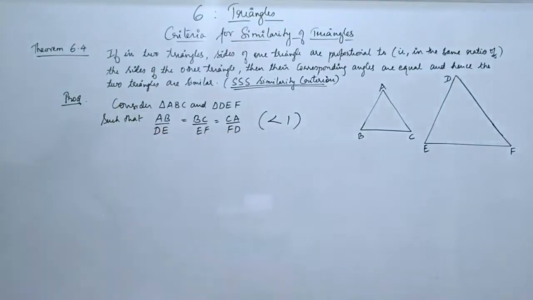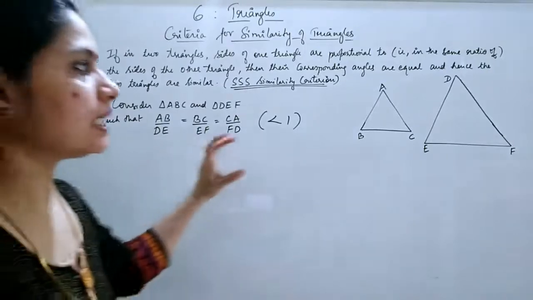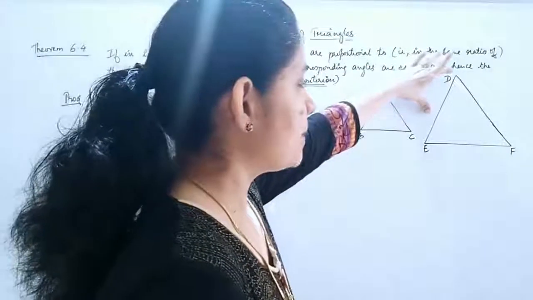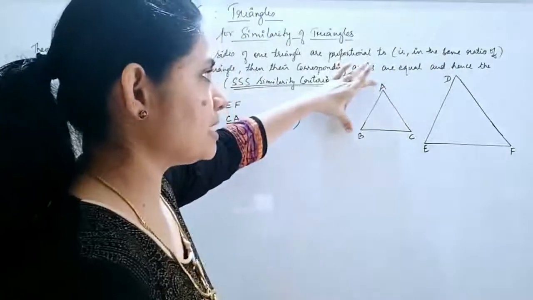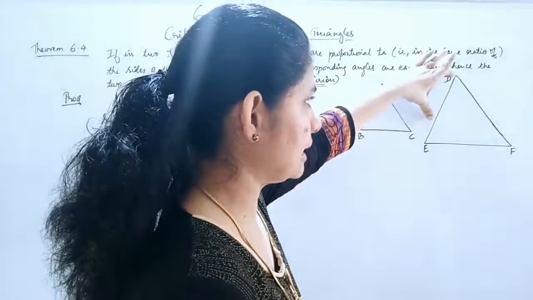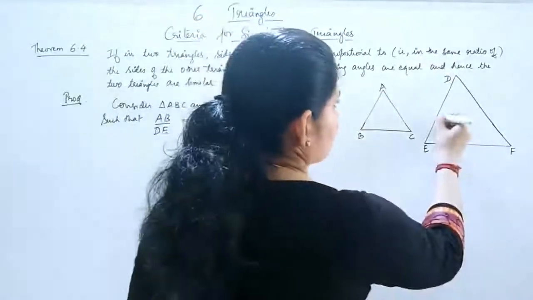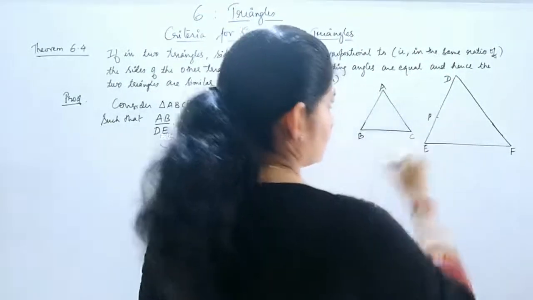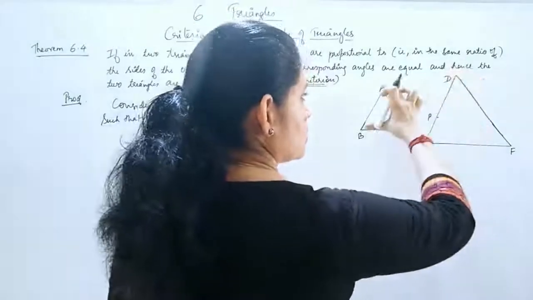Now again we are using the same process, that is the construction, as we used in AAA similarity. What was that? We are cutting DP equal to AB. That means the measurement of AB is taken from the point D on DE, so that DP is equal to AB.